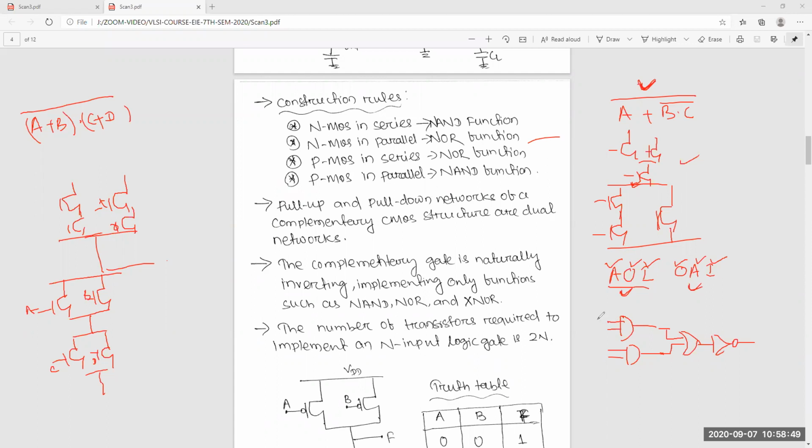So this is about A, B, C, D. Then this circuit will be AND, then OR, then invert.